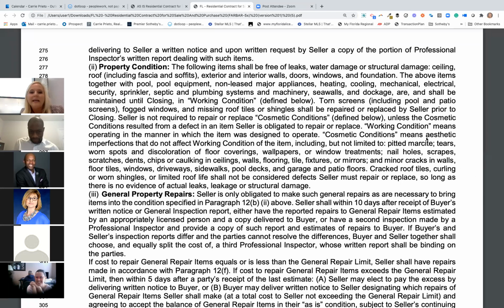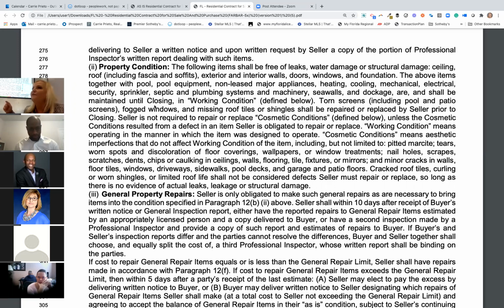But they shall be maintained until closing in, what does it say? Does it say perfect? Does it say new? It says working condition. This is the power of this contract. Torn screens, fogged windows, and missing roof tiles or shingles shall be what? Repaired or replaced by the seller prior to closing.